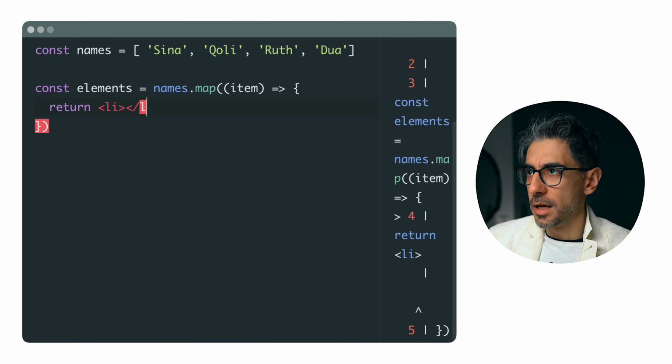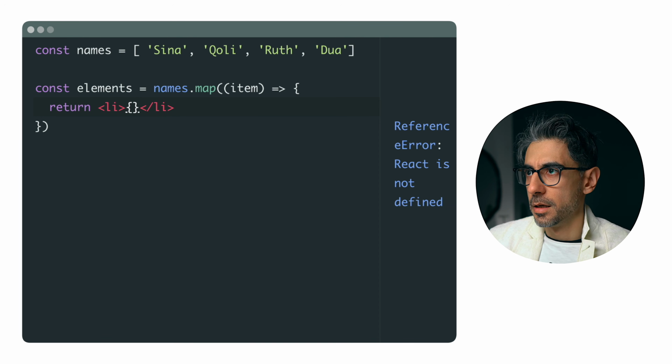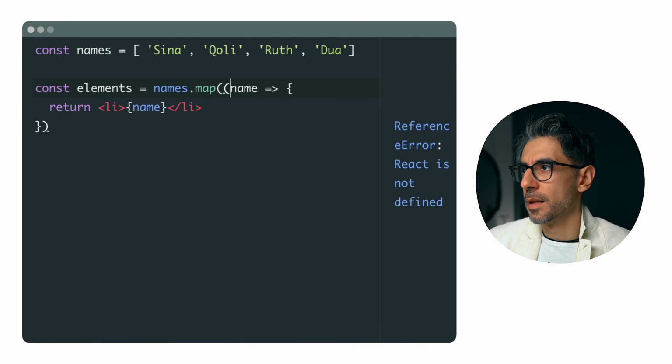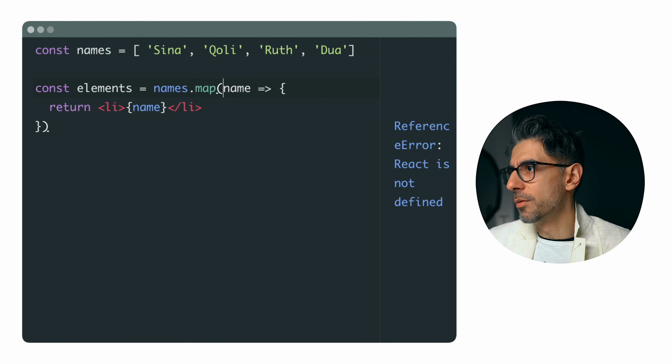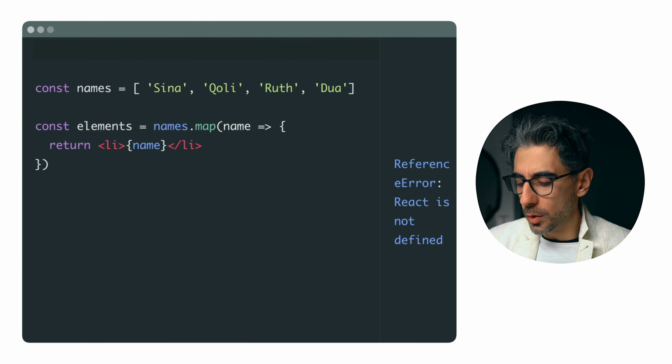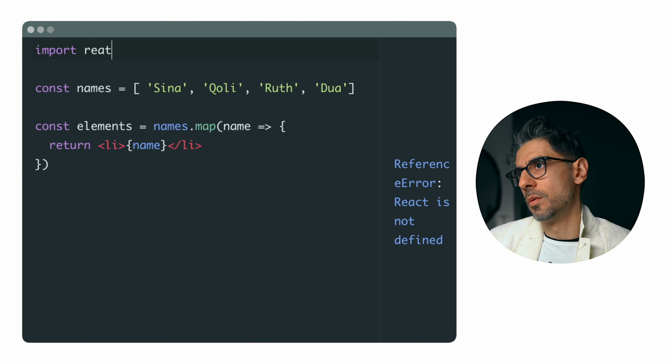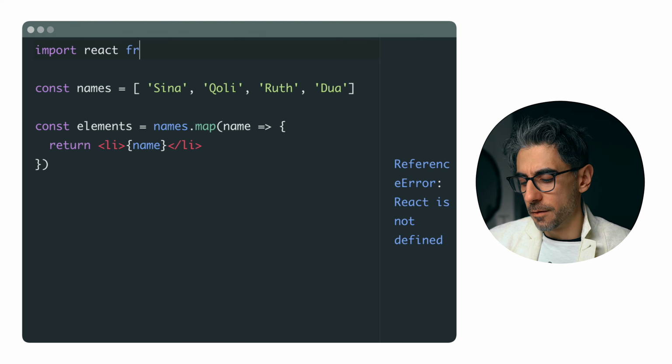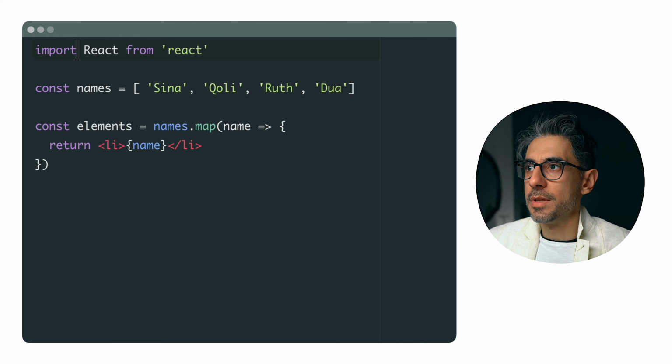We say li, name. And let's change this to name. React is not defined. Okay, well, this tool I'm using, import React from React. There we go. So now we have React in there.